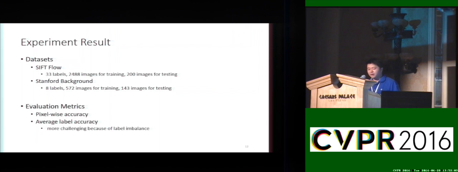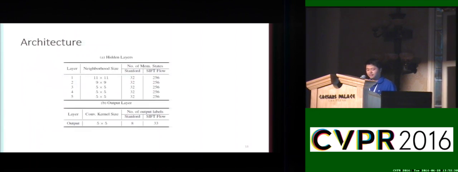We performed experiments on two datasets. The first is the SIFT Flow dataset, and we also evaluate on the Stanford Background dataset. We adopt two evaluation metrics: the pixel-wise accuracy and the average label accuracy. The second metric is more challenging because the different labels are usually highly imbalanced in these two datasets.